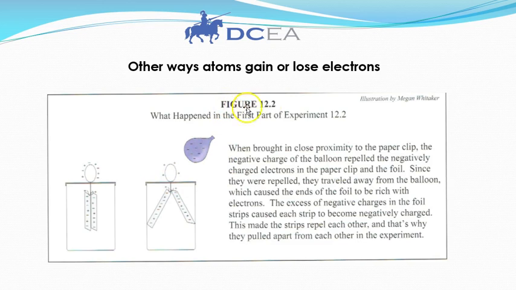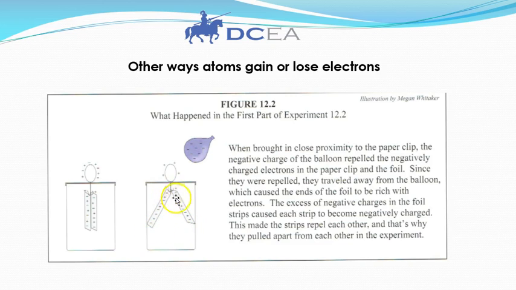There was an experiment in our text, experiment 12.2. In this experiment, we had a balloon that was blown up, and it was negatively charged. And then we had a coil of wire. Attached to the coil of wire were two strips of aluminum.